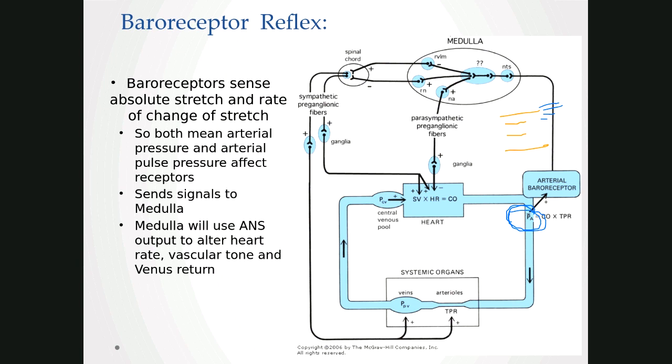In the targets, it's going to go to the heart, and it's going to release sympathetics on the heart to increase heart rate. And again, let's go through the rule of thumb. If I increase heart rate, cardiac output should go up. Next thing sympathetics is going to do is release norepinephrine on the contractile cells of the heart to make calcium come in and calcium remain in a higher amount in the cytoplasm during contraction.